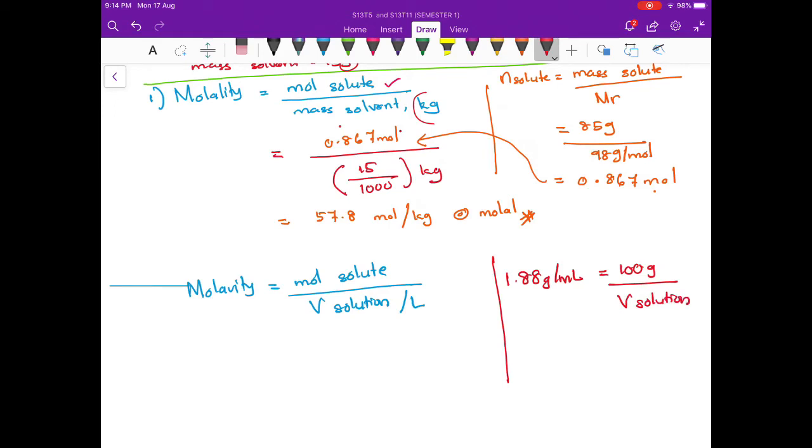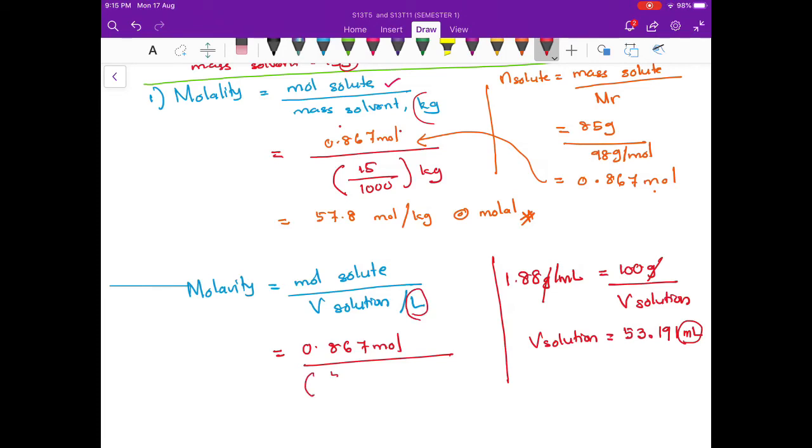For density, the volume can be in any unit, depending on the information given. So, volume solution will be 100 divided by 1.88. But what is the unit? 53.191 milliliter, since we can cancel off the gram. Right, so now let's look here. The number of mole we already have, divided by the volume which is in milliliter, but the formula requires the volume in liter.